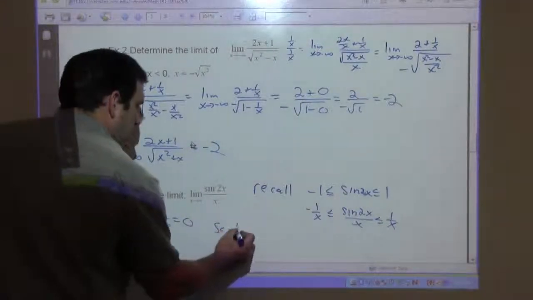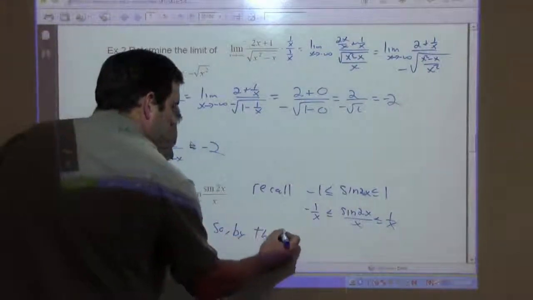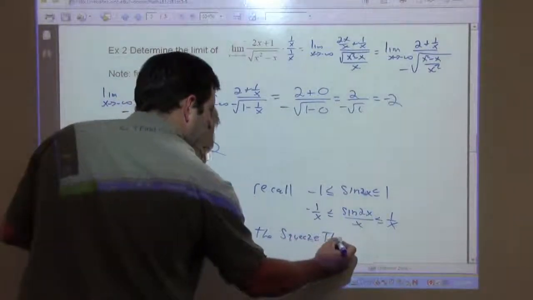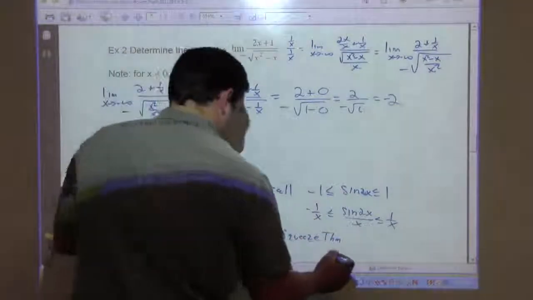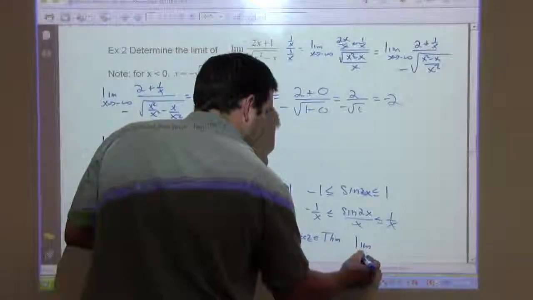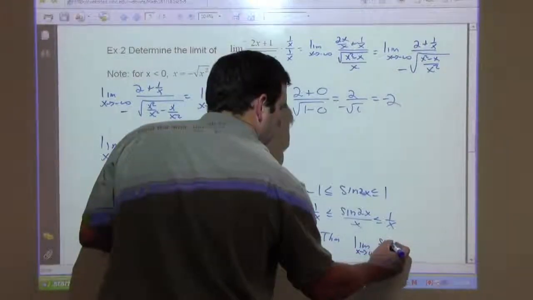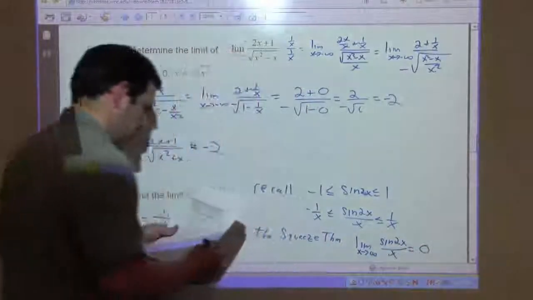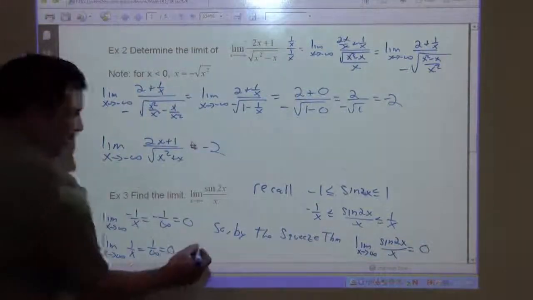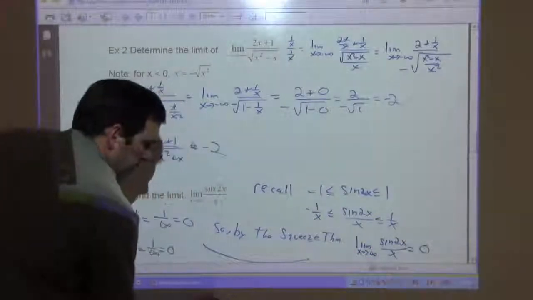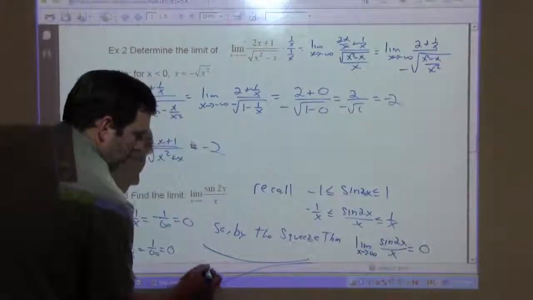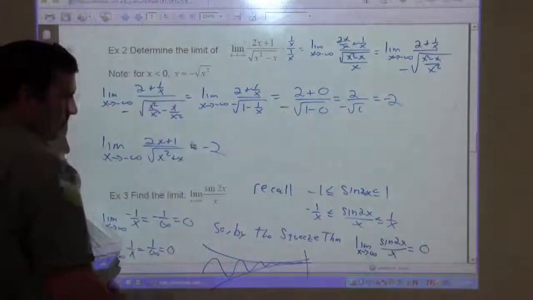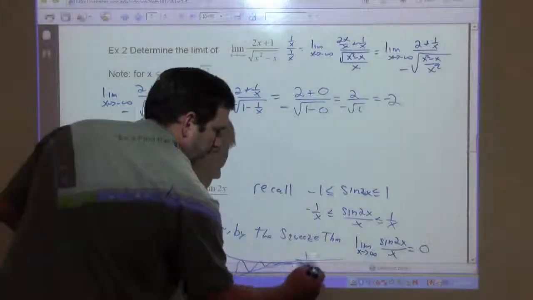So, by the squeeze theorem, the limit as x goes to infinity of sine 2x over x is also going to be 0. So just imagine the one curve looks like this, the other curve like this, and here's that sine in between. Yeah, don't need that. We're going off to infinity.